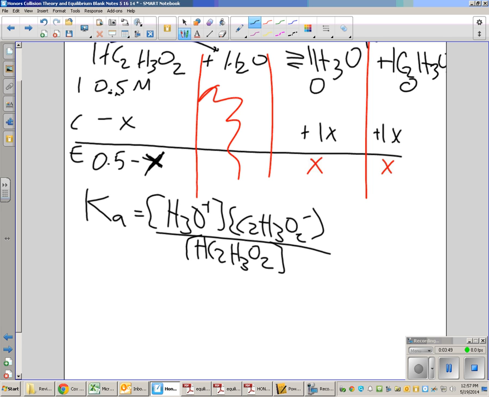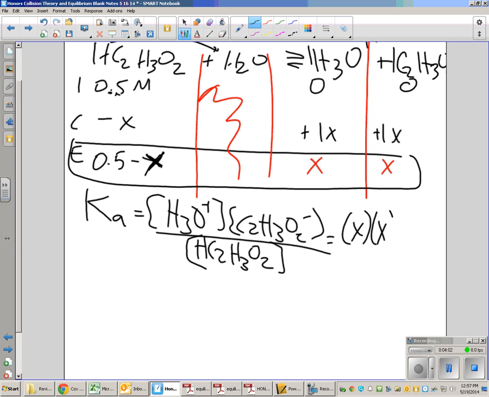I don't put water because it's a pure liquid. Okay, so this is called the equilibrium expression, so I can only plug numbers from the equilibrium box into these concentrations. So this will be x times x over 0.5 minus x is equal to the Ka value of 1.8 times 10 to the negative fifth.